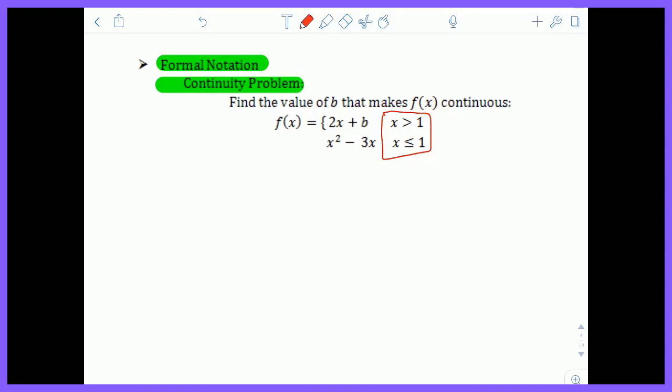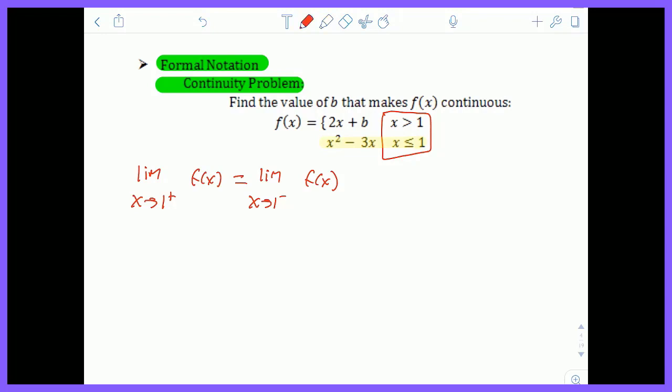So if we take a look, we know the limit as x approaches 1 from the right needs to equal the limit as x approaches 1 from the left of f of x. So this must be true for continuity to exist. Unfortunately, we can only find one of them. We can only find the left-hand limit, because the right-hand limit has a b in it, and I can't solve that.